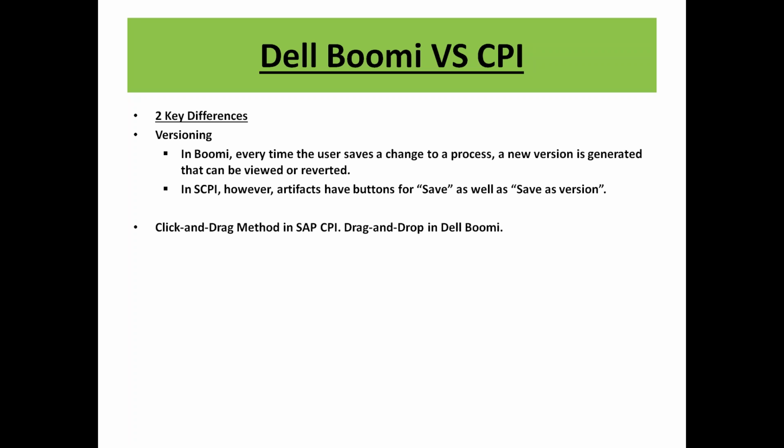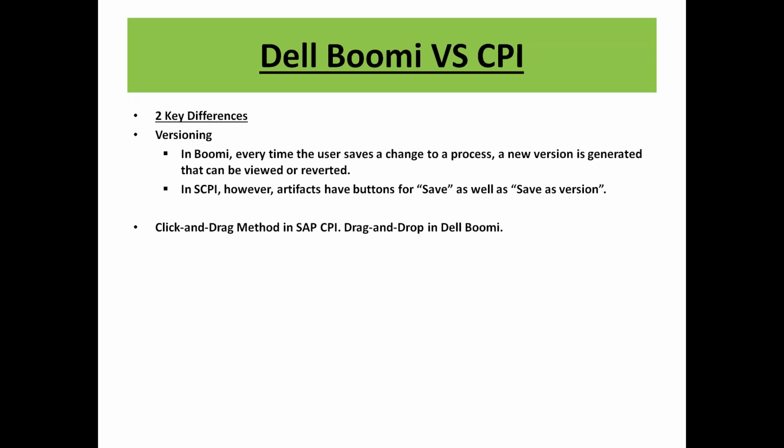In Boomi, we have drag and drop facility. Suppose you want to add a map step into your integration flow. In Boomi, we need to drag and drop that map step from the palette onto your editor, where you connect with various profiles.